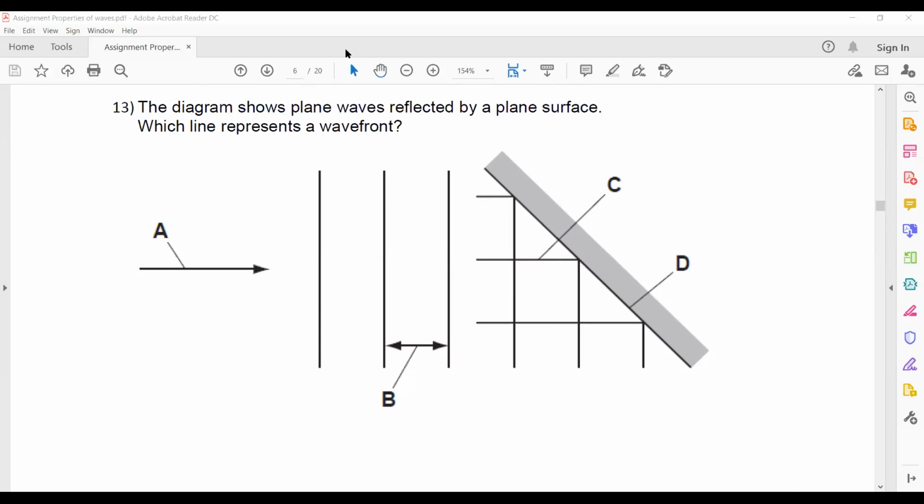A is the direction of the wave, B is a wavelength, C is a wavefront, D is a reflecting surface. You can see A is representing the direction in which the wave is traveling. B is representing a wavelength. C is representing the wavefront, the reflected wavefront, and D is representing the reflecting surface. So C is the correct answer for this.